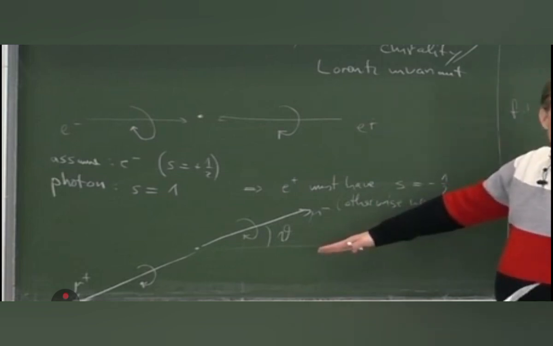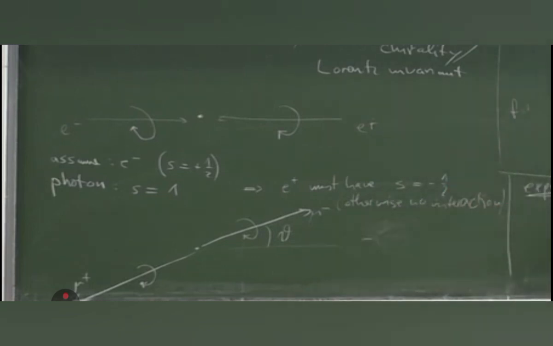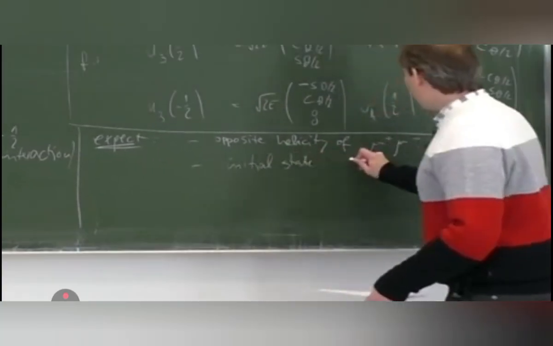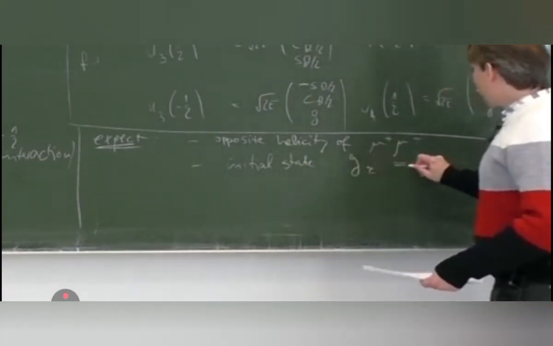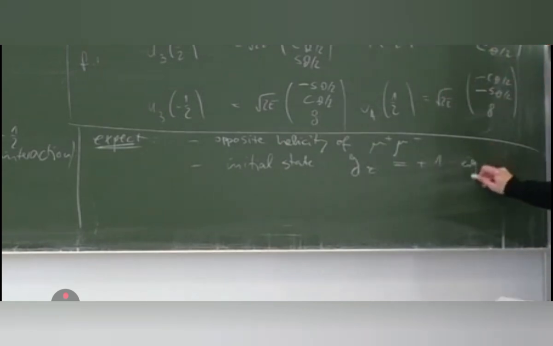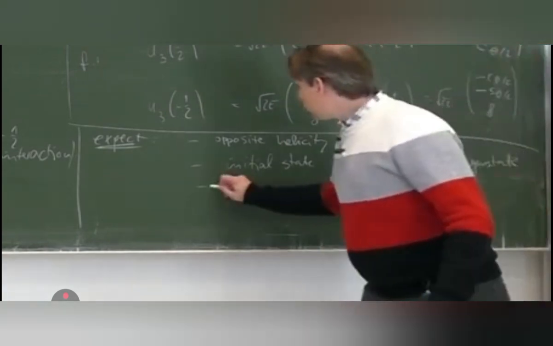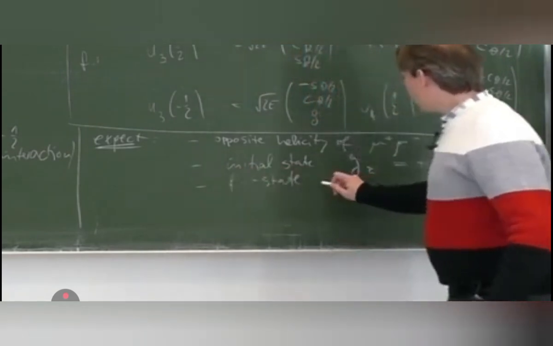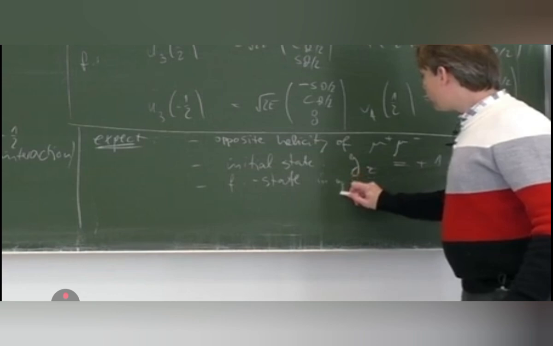And so, of course, there is some non-vanishing probability, but there we get some expectations. So let's write it down. The initial state has Jz equal plus 1, is an eigenstate. And the final state in general not.